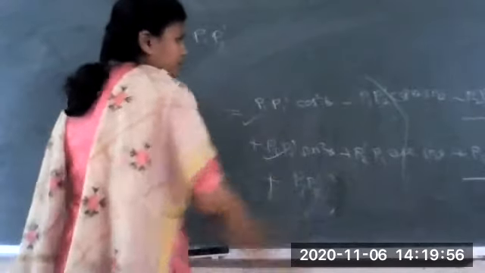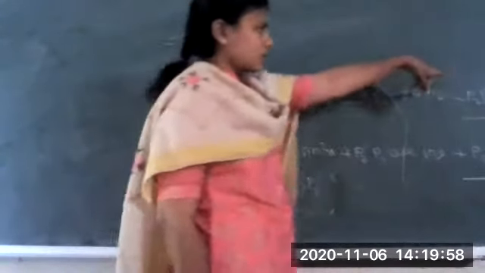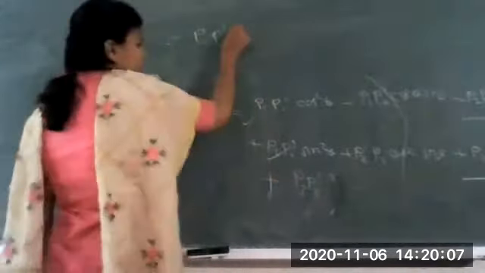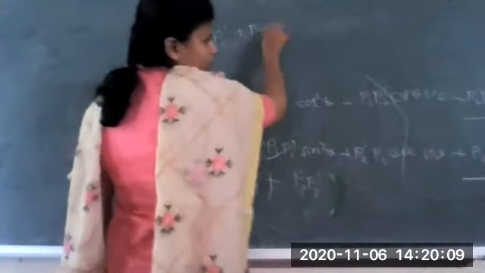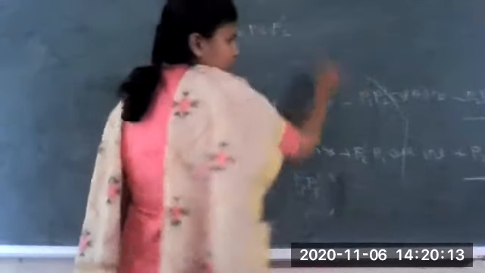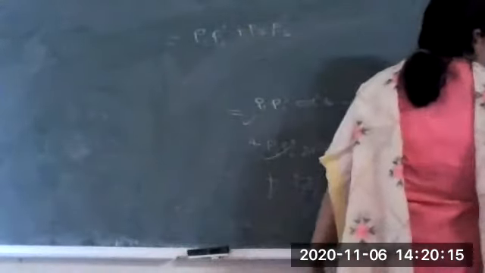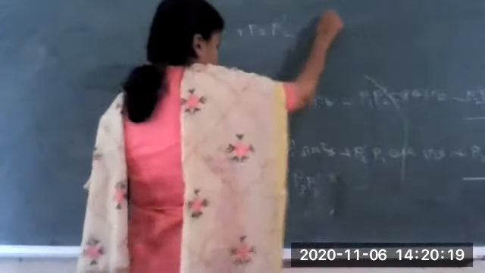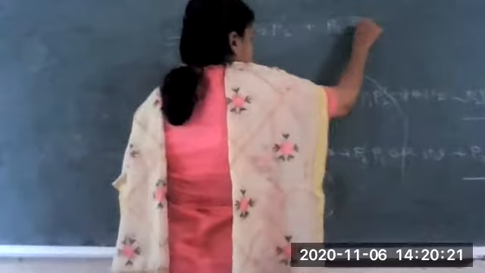So this term is eliminated. What do I remain with? The last term, with the positive sign: plus P2 P2 dash times cos square theta plus sin square theta, which is 1. And what remains last is P3 P3 dash.